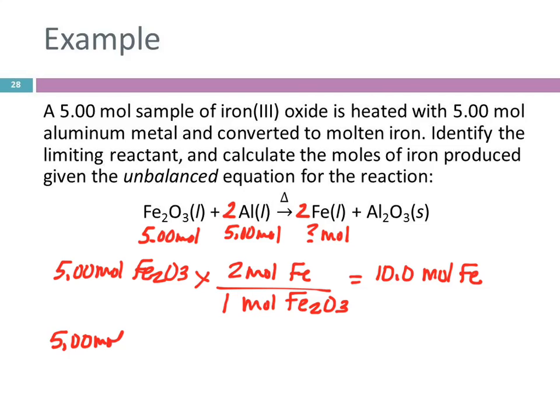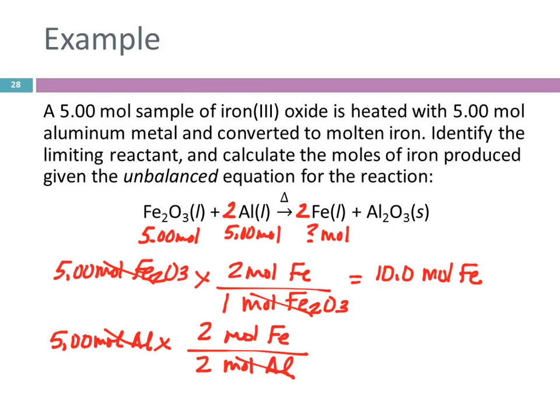If I have 5 moles of aluminum and can use all of that up, now I've got moles of aluminum on the bottom. I wanted these to cancel out, and I want these to cancel out. There's still a 2 in front of Fe. It's funny how that works. There's also a 2 in front of aluminum. So 5 times 2 divided by 2 is still 5.